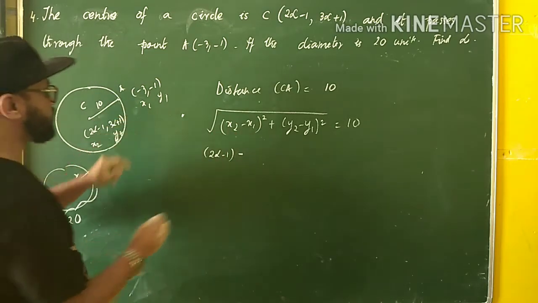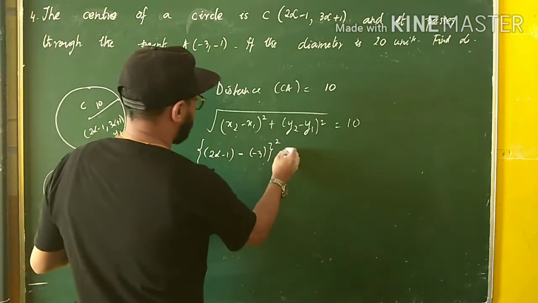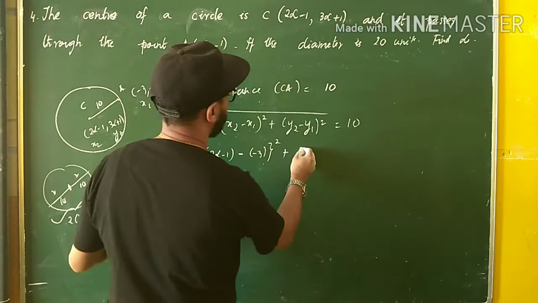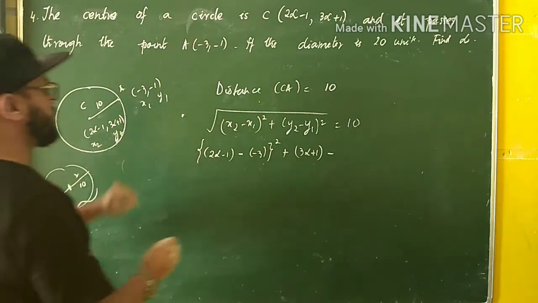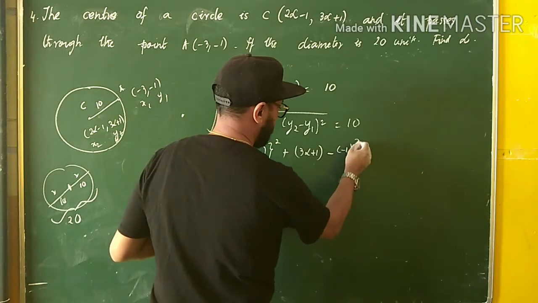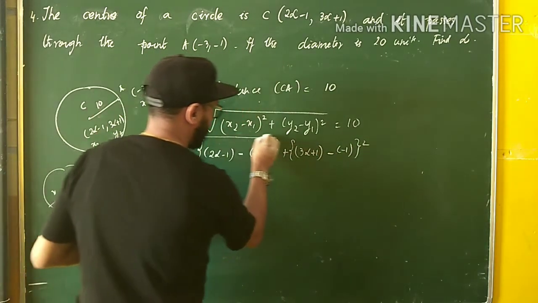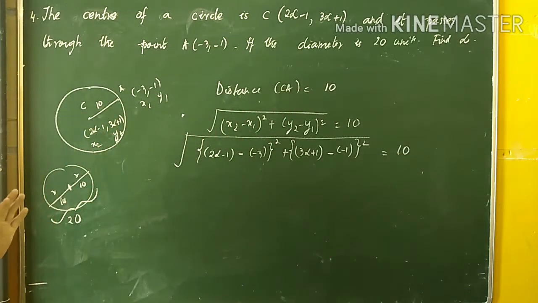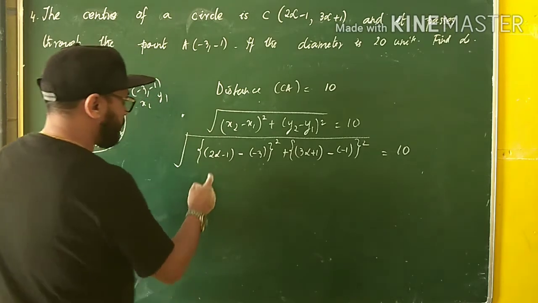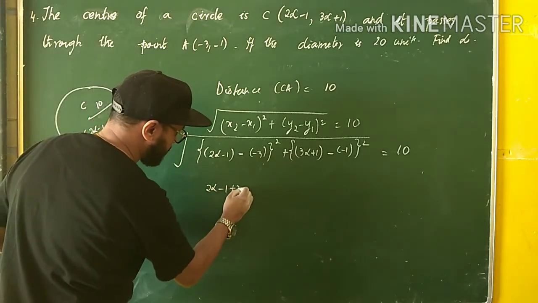Now x1 is minus 3, plus y2 is this one, 3 alpha plus 1, minus y1 is minus 1. Repeat it once again. If the values are negative, then always use two brackets. Okay. Now this is 2 alpha minus 1, minus into minus is plus 3.